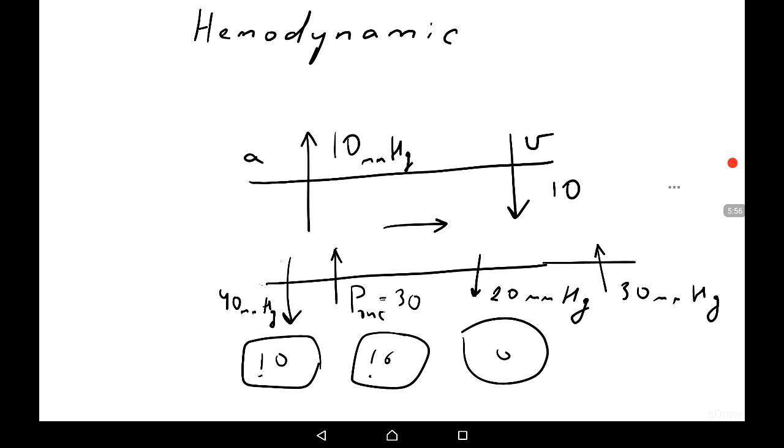It is important that the balance should remain between the filtration and reabsorption in the capillary.